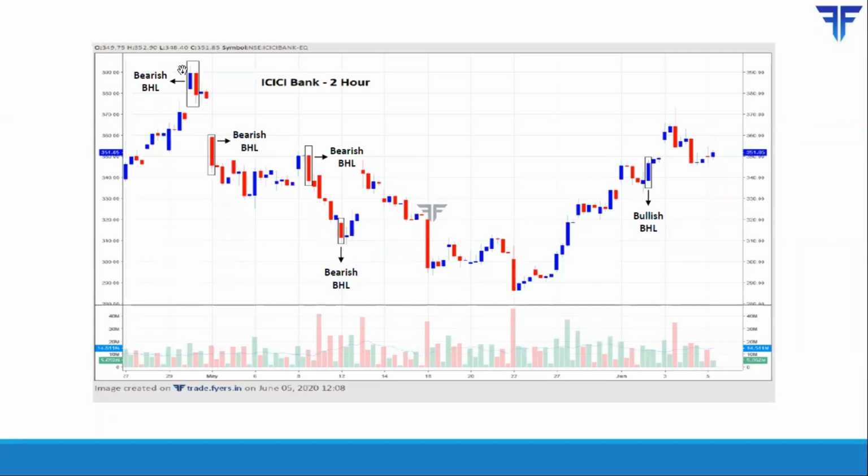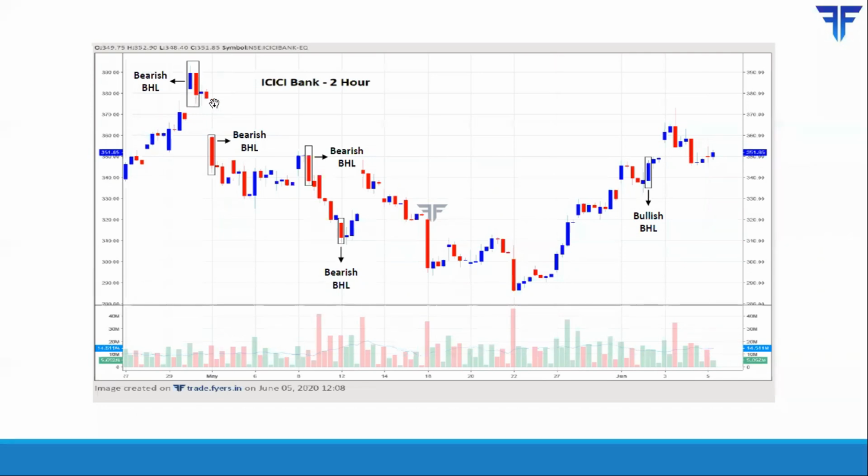What is interesting to note is that in the immediately following candle, you have a bearish belt hold line where the opening is at the high of the period, which is 2 hours, and then you have a closing that is below the midpoint of this entire candle. So after a strong rally, you have a bearish belt hold line pattern that appears. Now this pattern is worth acting upon because it's a healthy bearish candle and it's appearing after a rally in price.